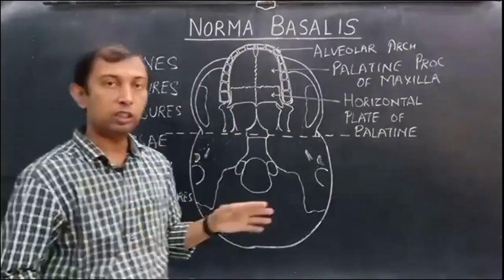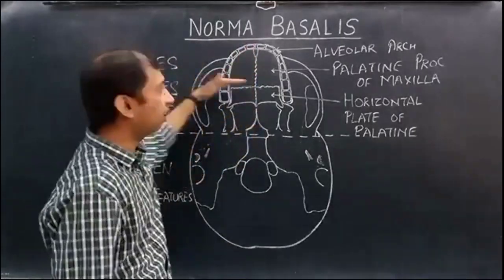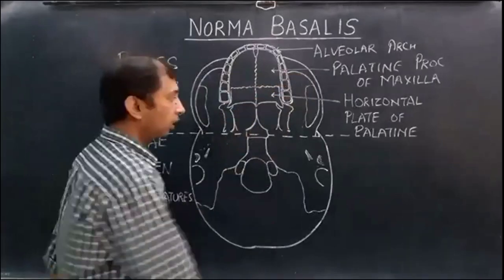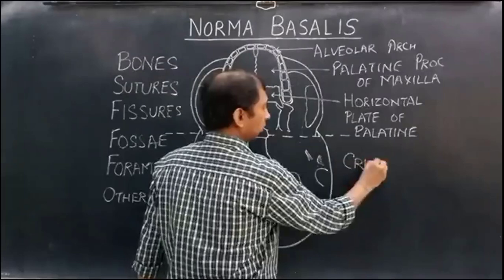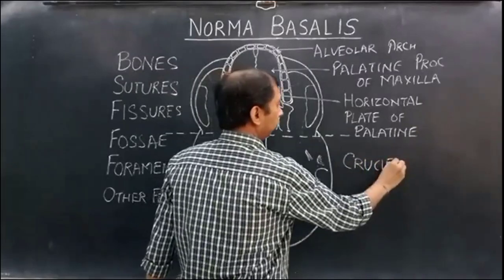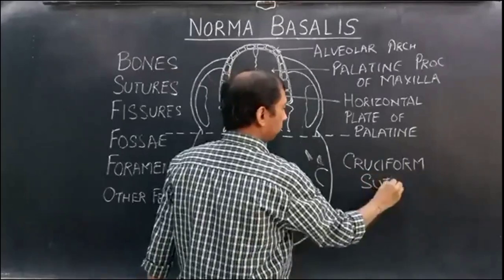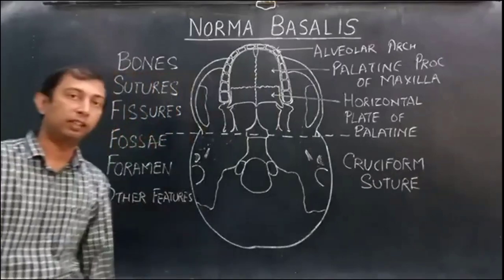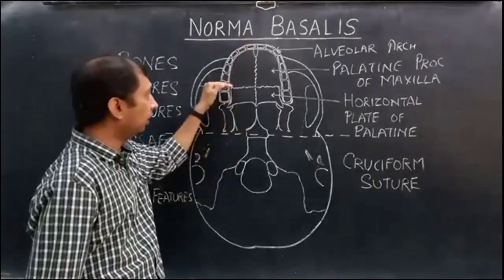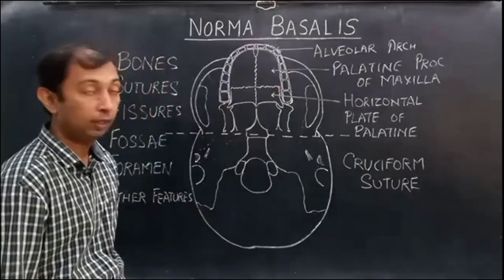They are crossing each other. A midline or median suture and a transverse suture are crossing each other. So this in totality is also known as the cruciform suture. I hope that is clear. Together all these sutures are known as the cruciform suture.